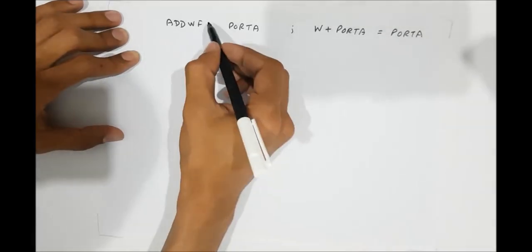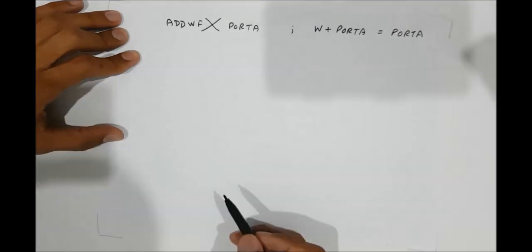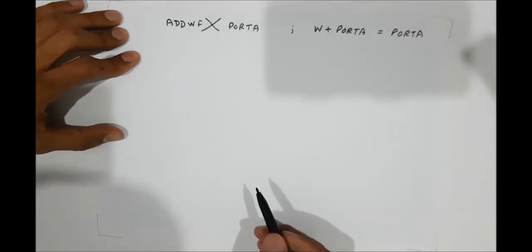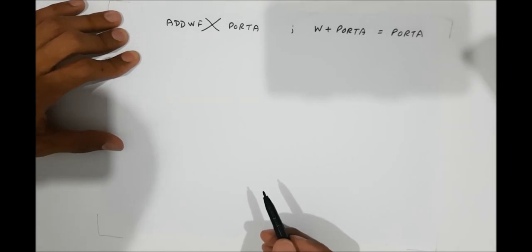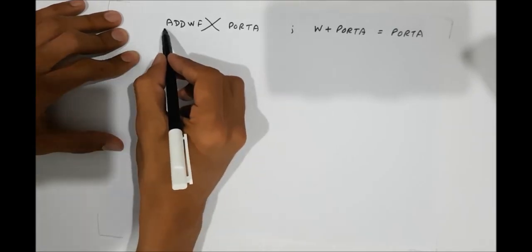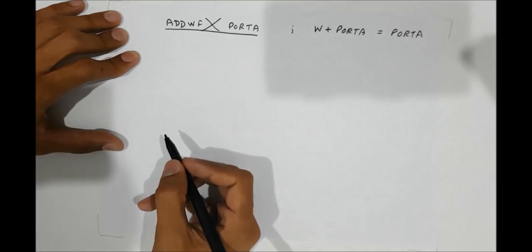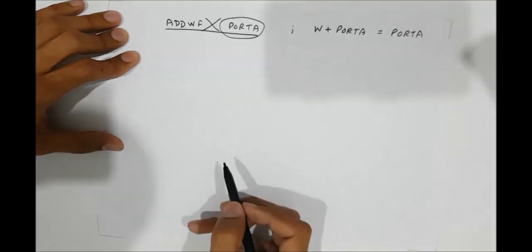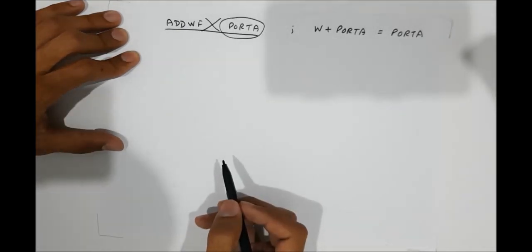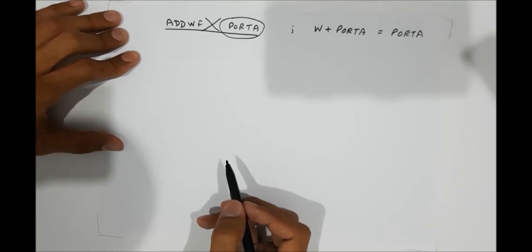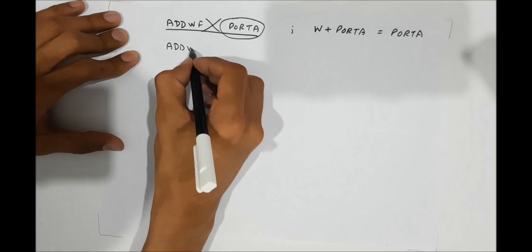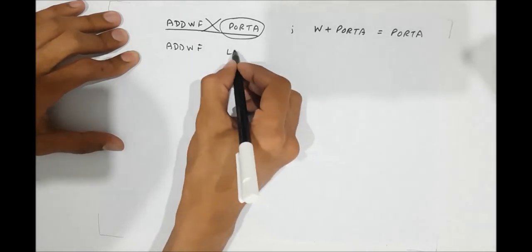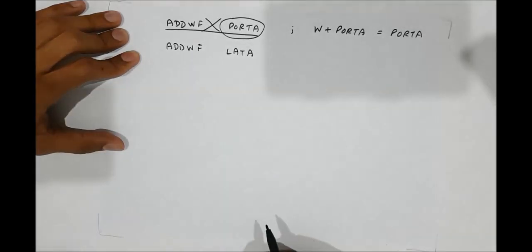But this instruction will most probably not work. It depends upon the compiler and it depends upon the controller. But sometimes the read, modify, write instruction of add will not work directly on port A. We need some temporary location where we can store the intermediate data, and thus we have to write ADDWF LATA.